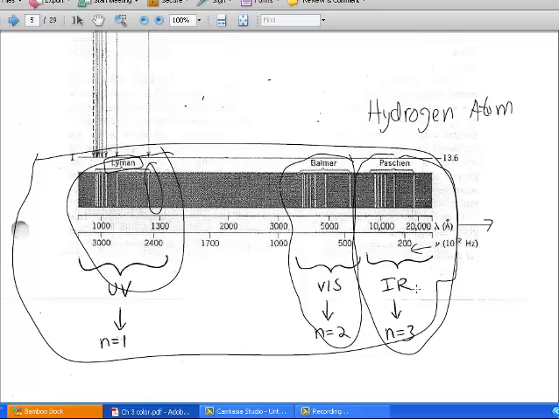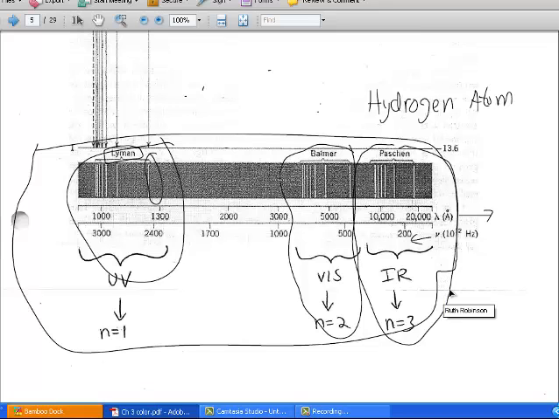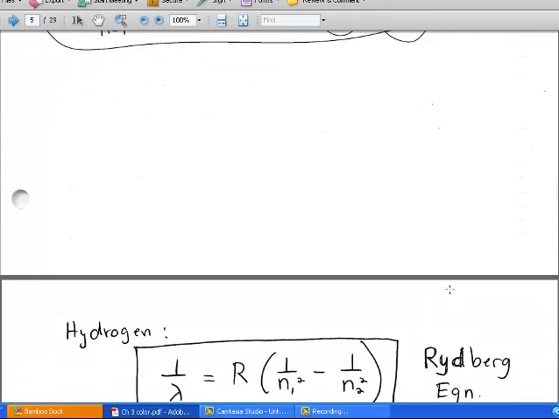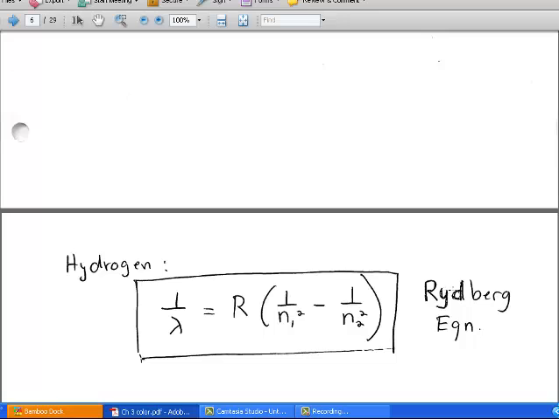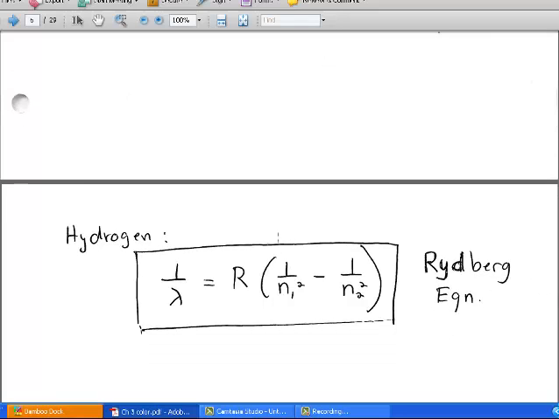So this was observed. And first, before they understood what the point of it was or what it was representing, they were able to use an equation to show where all the lines are. So this is the Rydberg equation, which explains the spectral lines of hydrogen in particular.